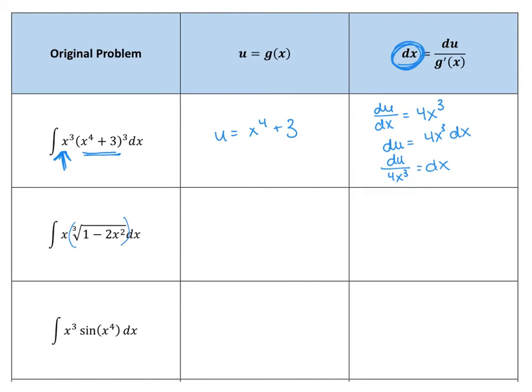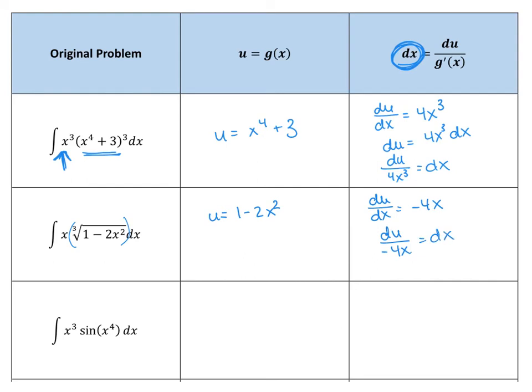So hopefully that helps you identify it a little bit more easily, that u, which is the inside function, and just the inside part, u is going to equal 1 minus 2x squared. So over here we take its derivative, du dx is negative 4x, and du over negative 4x equals dx.